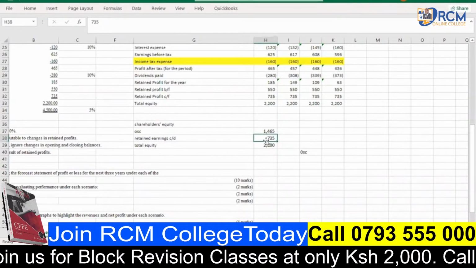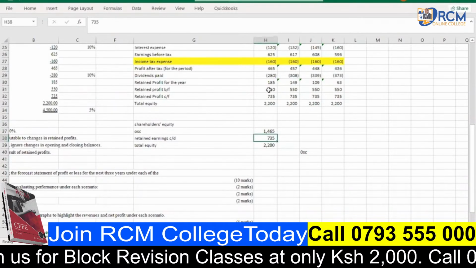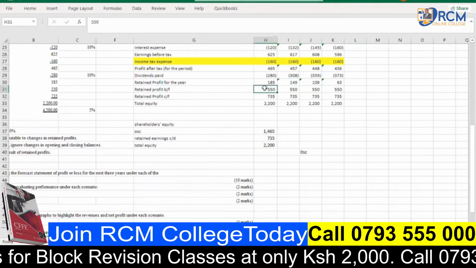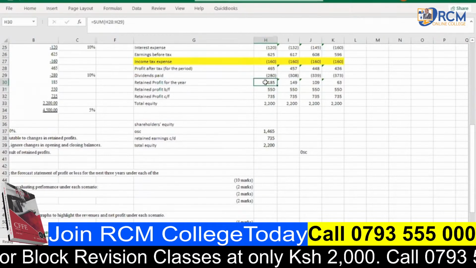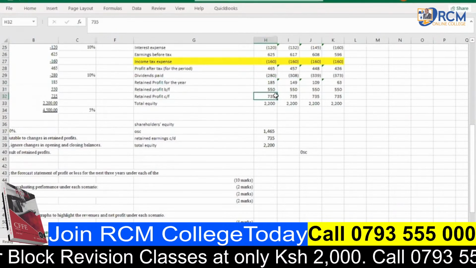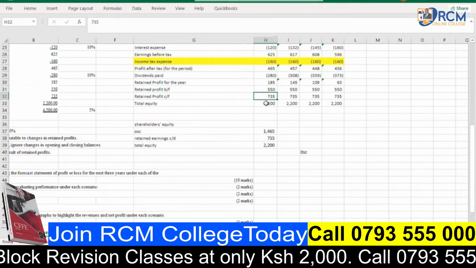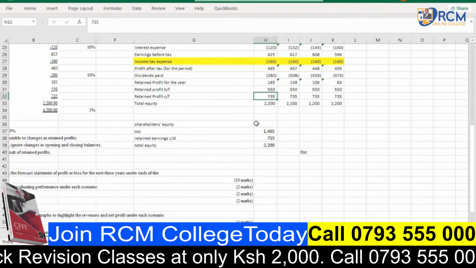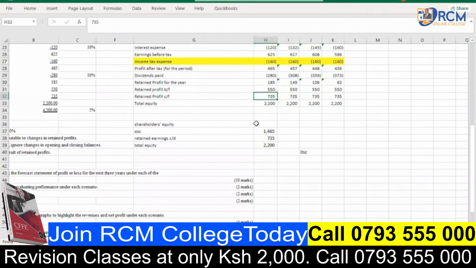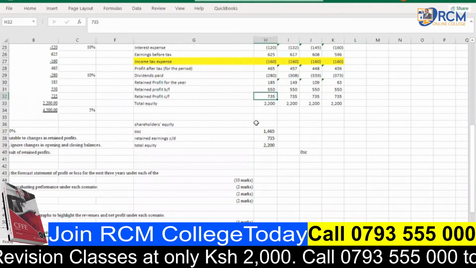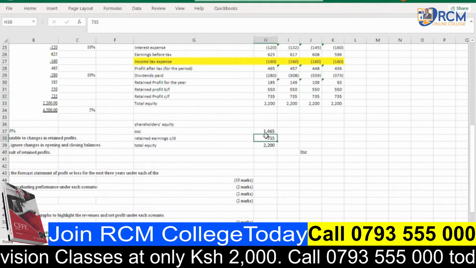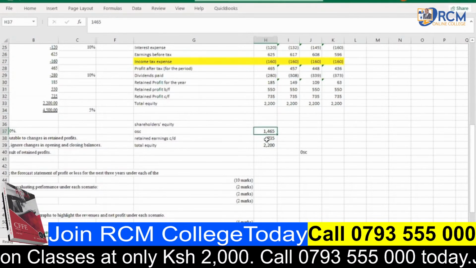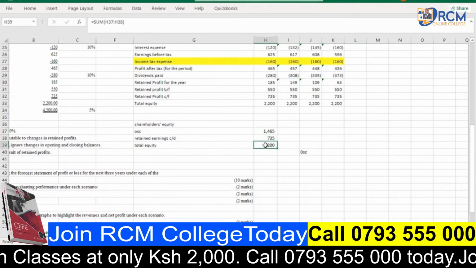Our retained earnings carried down, we have said, is the retained earnings brought down 550 plus retained profit for the year 185, which will give us 735. This 735 is what we take to the statement of financial position, which we have brought here. So when we add ordinary share capital and retained earnings carried down, we'll be able to get total equity.